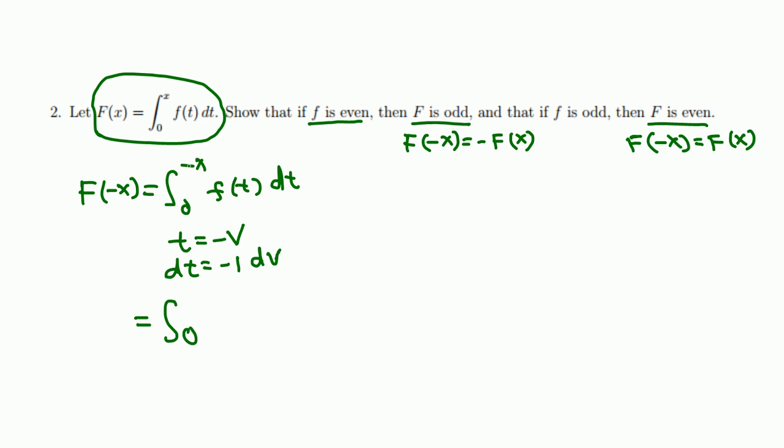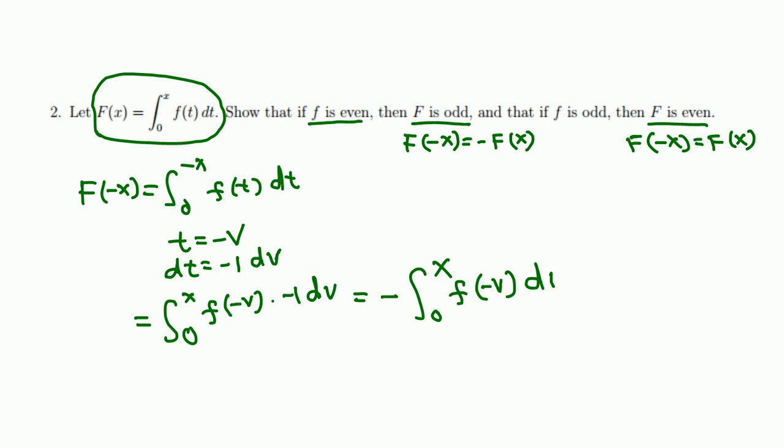When t equals the upper limit negative x, negative x equals negative v, so v equals x. F of t is f of negative v, and dt is -1 dv. Now we can pull -1 all the way outside, so we have the integral from 0 to x of f of -v dv.